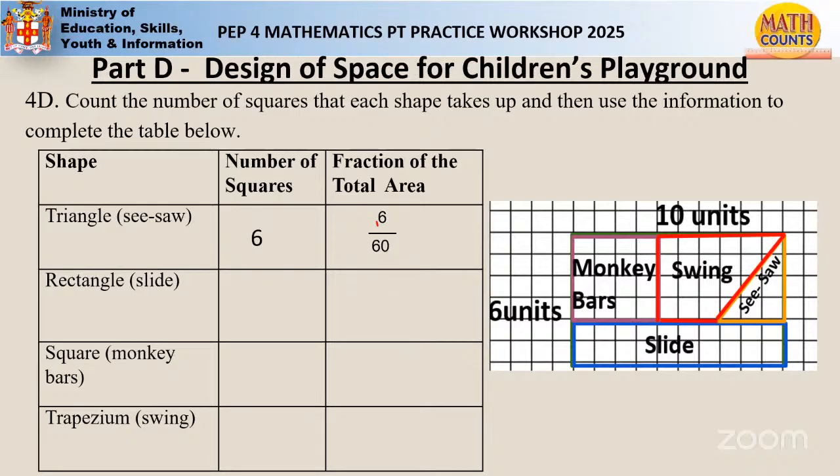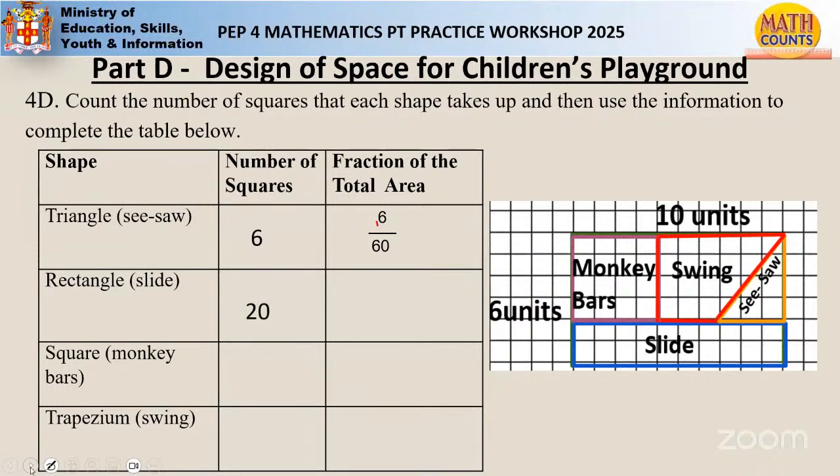How many squares were used for the slide? And the fractional representation. How many squares were used for the slide? 20. So we use 20 squares for the slide.